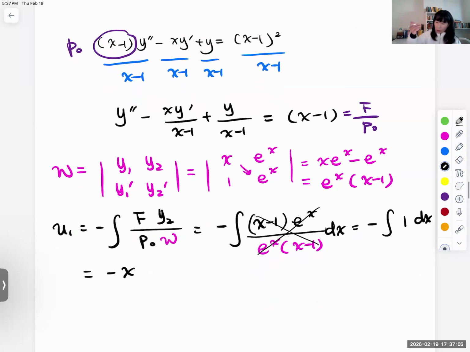So for u sub 2, we have a positive f over p naught, and then y sub 1, and then the omega there, right?